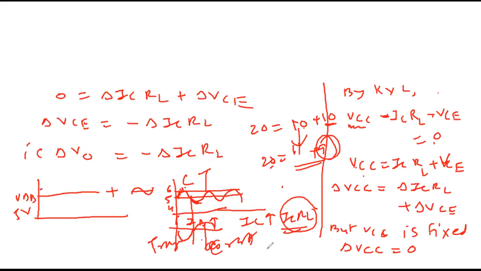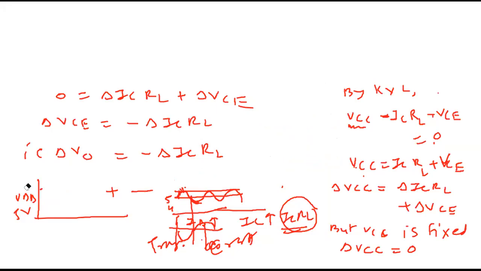So when the input is crest, the output is trough. Crest becomes trough. What is the phase difference? 180 or not? 180.